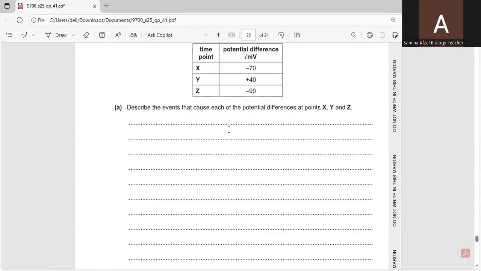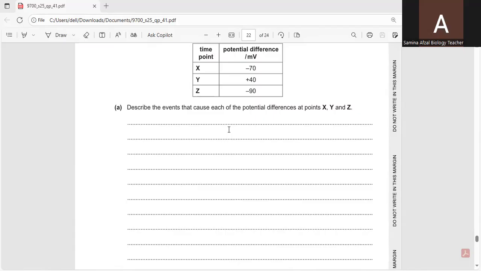So X, Y, and Z, the different events which occur during this process. When X is minus 70, the neuron is at its resting membrane potential. So the membrane is polarized at this time.